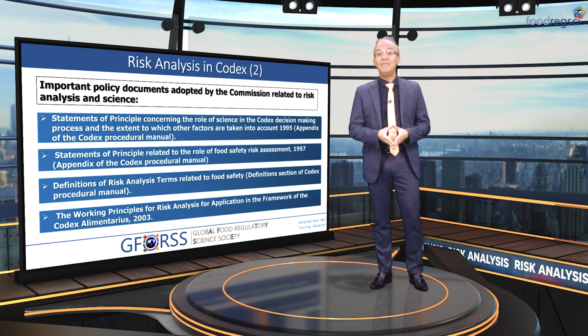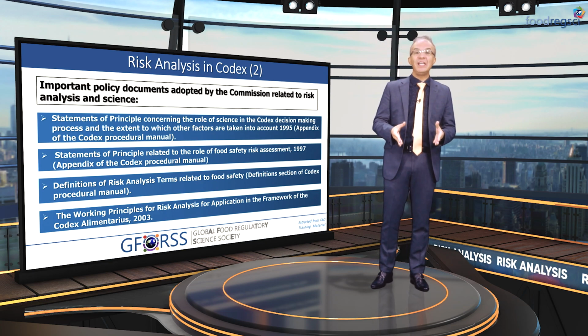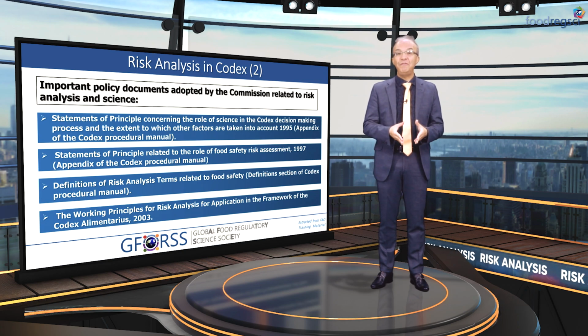There are also several texts that are worth noting and that represent a reference for the way Codex standards rely on scientific assessments and on a clear decision-making approach for key areas of the mandate of Codex.